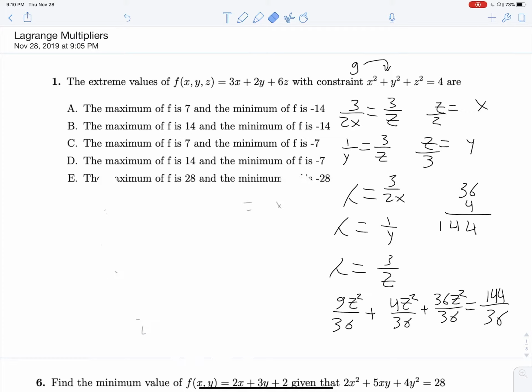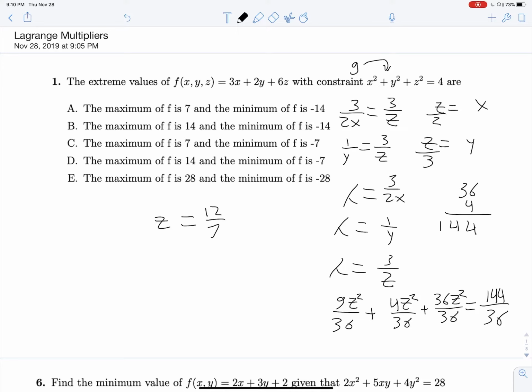In total, on our left side, we are going to get 36 plus 4 plus 9, so 49 over 36 z squared is 144 over 36. Multiply both sides by 36, divide by 49 and take a square root, and we will get z is equal to 12 over 7.